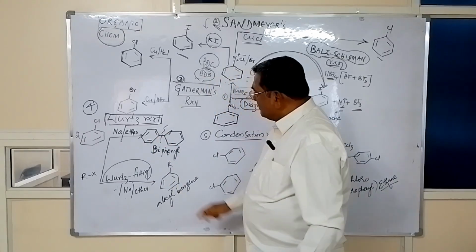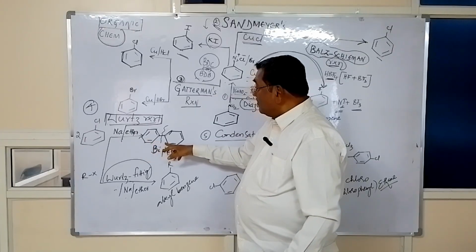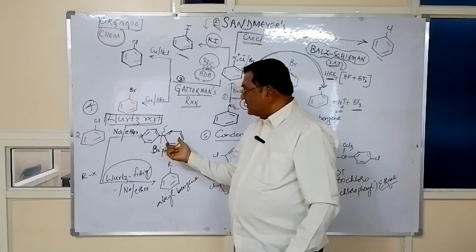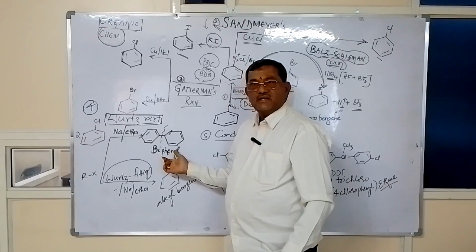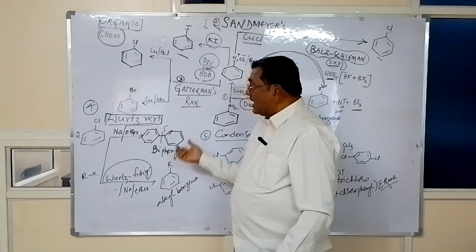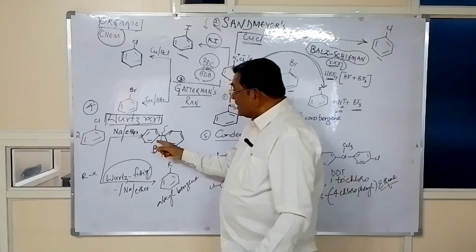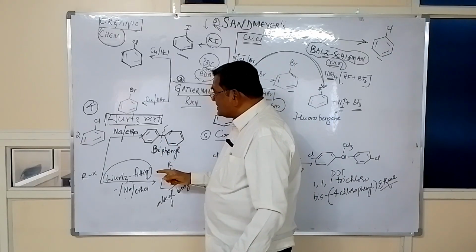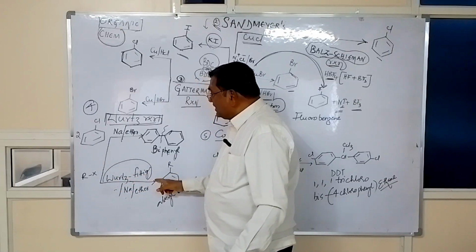See here, biphenyl is going to be aromatic as per the 4n plus 2 pi rule. You can verify this, children. Biphenyl is an aromatic compound as per Huckel's rule. That's also one of the decent objective questions related to biphenyl. Now here we are going to see the Wurtz-Fittig reaction.